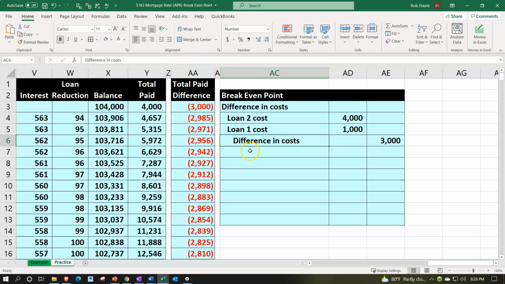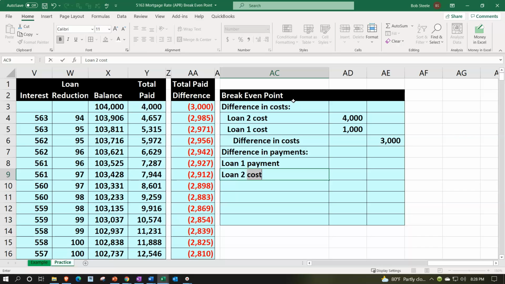I'm just going to indent those two things, and we can compare that to the difference in payments, which should even itself out after a while. For this one, I'm going to take the loan 1 payment, which is larger due to the difference in the interest rate, and then the loan 2 payment, which is less.